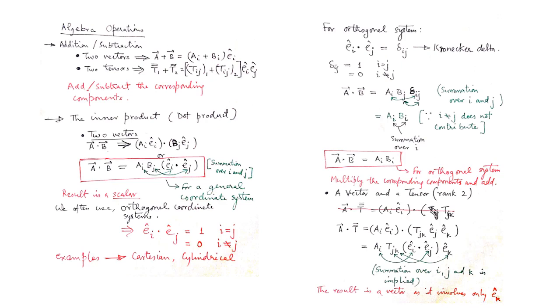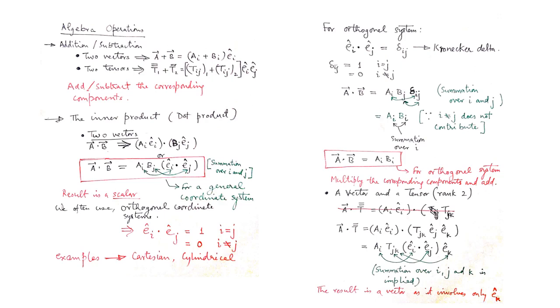So the unit vector dot products are all 0 if i is not equal to j. Examples of orthogonal coordinate systems are Cartesian and cylindrical coordinate systems. Now, for orthogonal systems, mathematics has a very elegant way of representing these unit vector dot products, and you must be made familiar with this symbolic elegance.